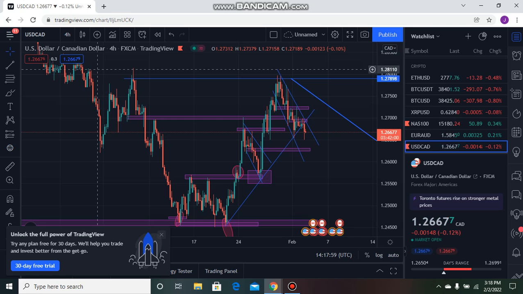But first of all, you need to understand there's what we call previous zone and future zone. Future zones are zones that are formed as price progresses, and previous zones, historical zones, are zones that are formed from previous price. Let me tell you something.